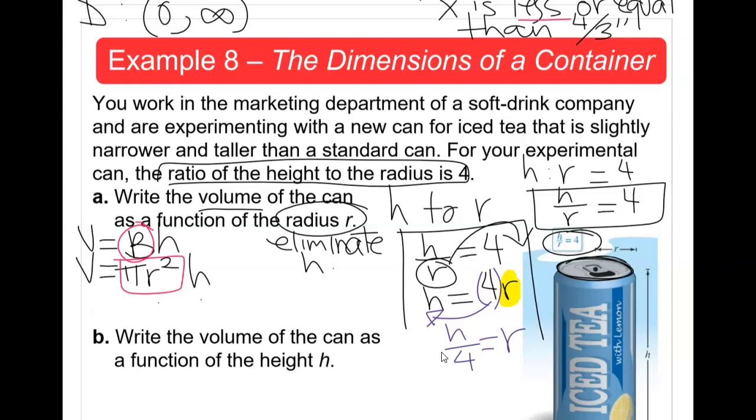So now what I'm going to do is replace the letter h with what we have. Hold on a second. Actually, I should have just stopped here. Sorry.